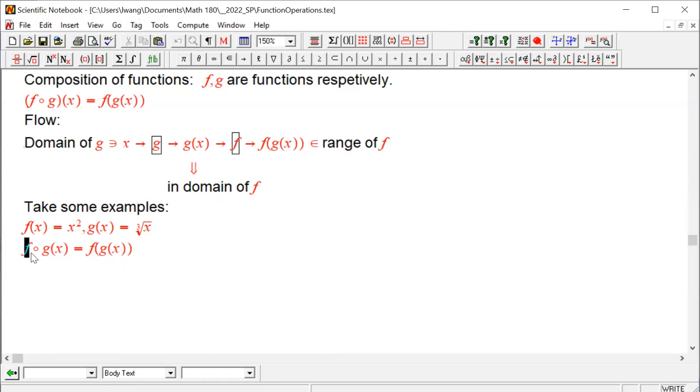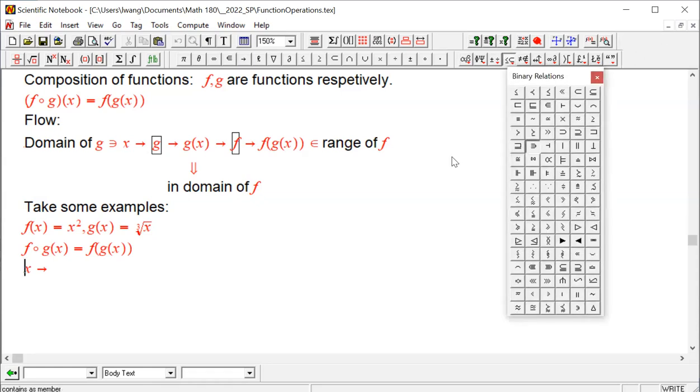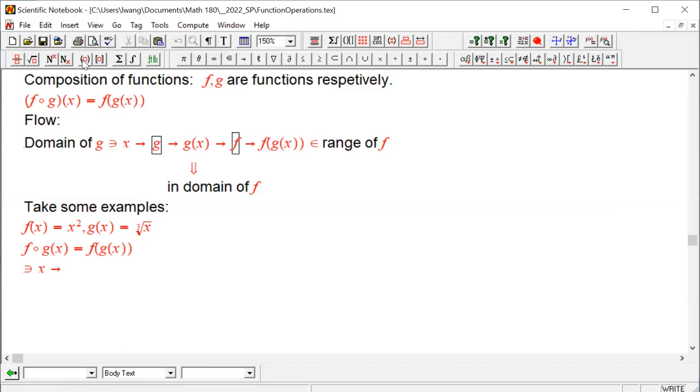When I do F of G of X, that's going to be from the input of G. What's the input of G? All real numbers, right? So X is from all real numbers. It can be any real numbers. Okay, so that's the process.